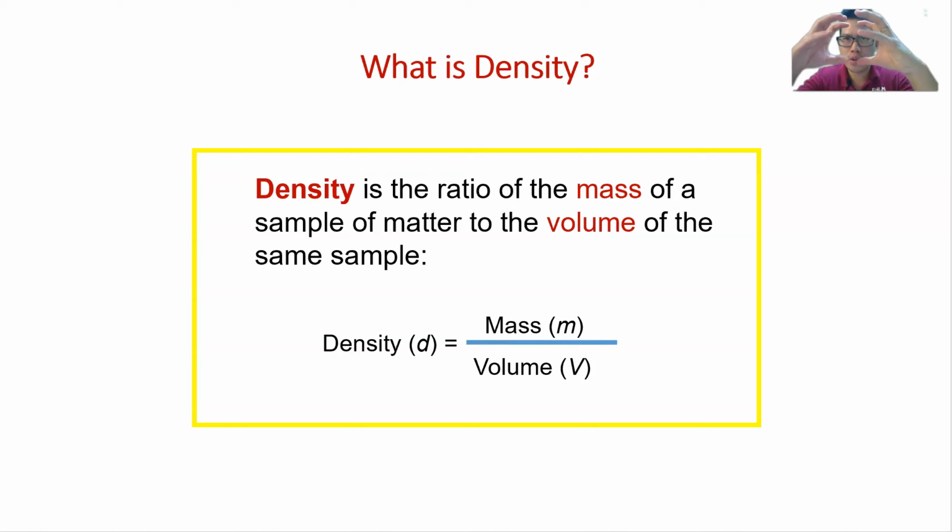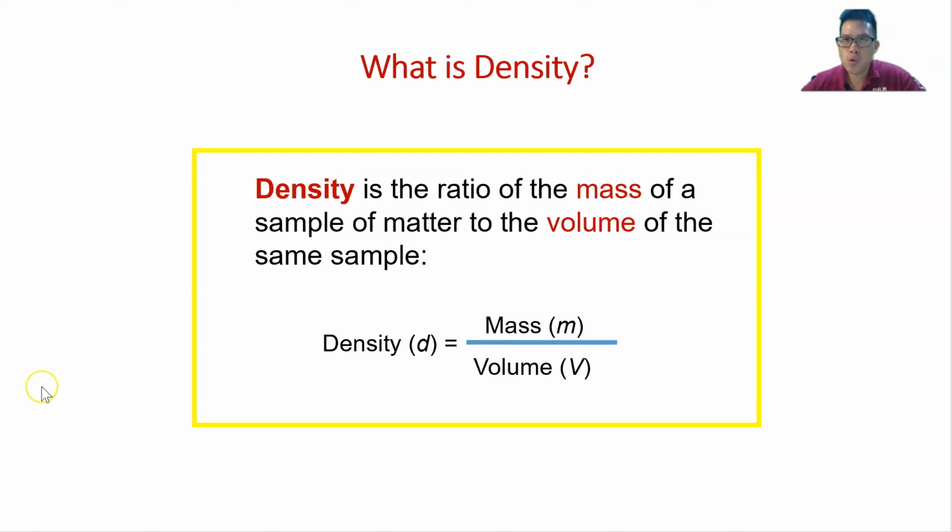High density means that within this volume, the mass of atoms or molecules is very, very high. It's what we call dense. If it's dense, it means the mass inside is very packed, or very high within this set of volume. Low means that the mass is very little within this set of volume.